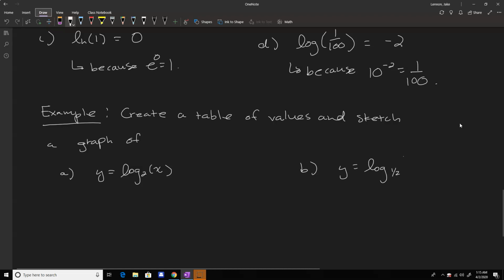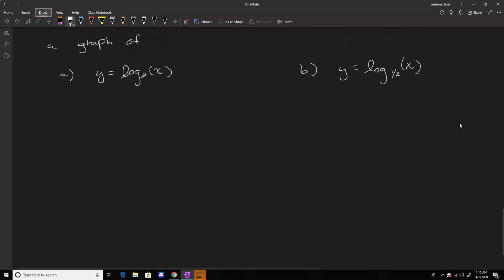So this is reminiscent of what we had for exponential functions, making a table and graphing 2 to the x and 1/2 to the x. So we'll see that basically all the logarithmic graphs can kind of be broken down into the cases where the base is either between 0 and 1 or is greater than 1.